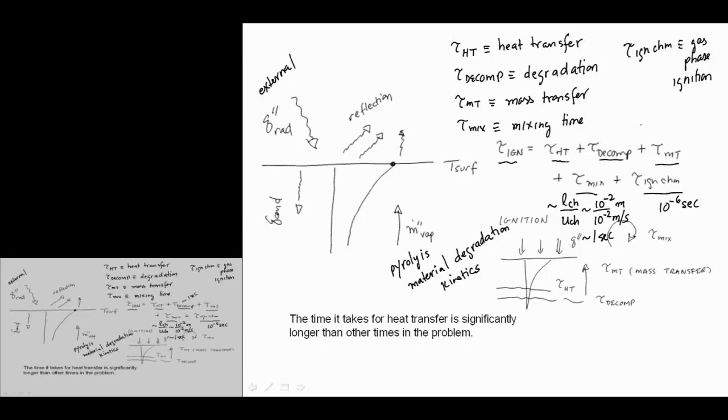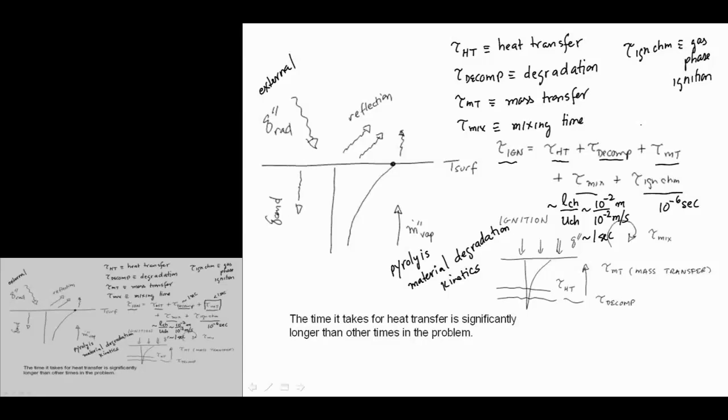The mass transfer time scale is slightly faster than the heat transfer time scale, only because the heat transfer time scale is purely diffusional, whereas the mass transfer time scale has a convective component to it. So the pressurization inside is the thing that drives out these gases. And so when you're doing any kind of serious heating in this system, this is less than 1 second in terms of overall time scale.